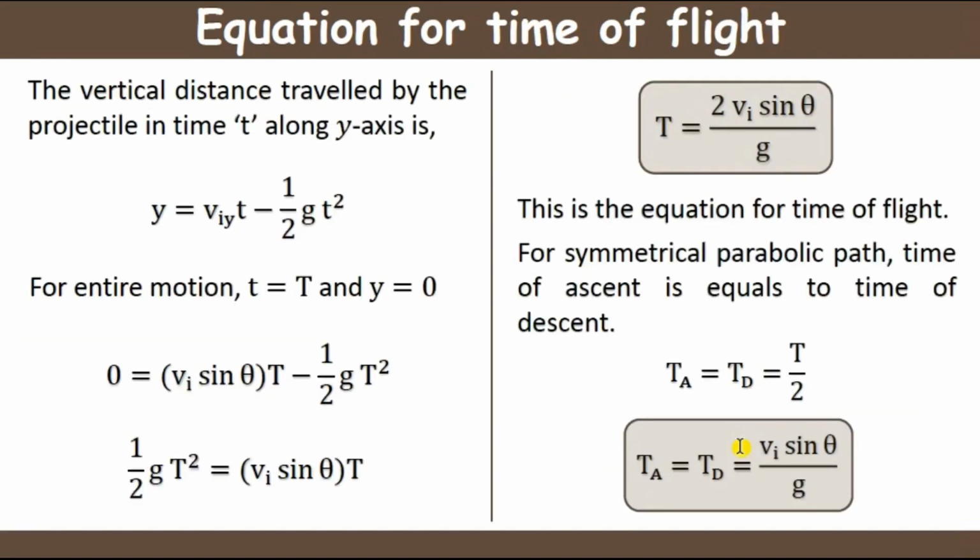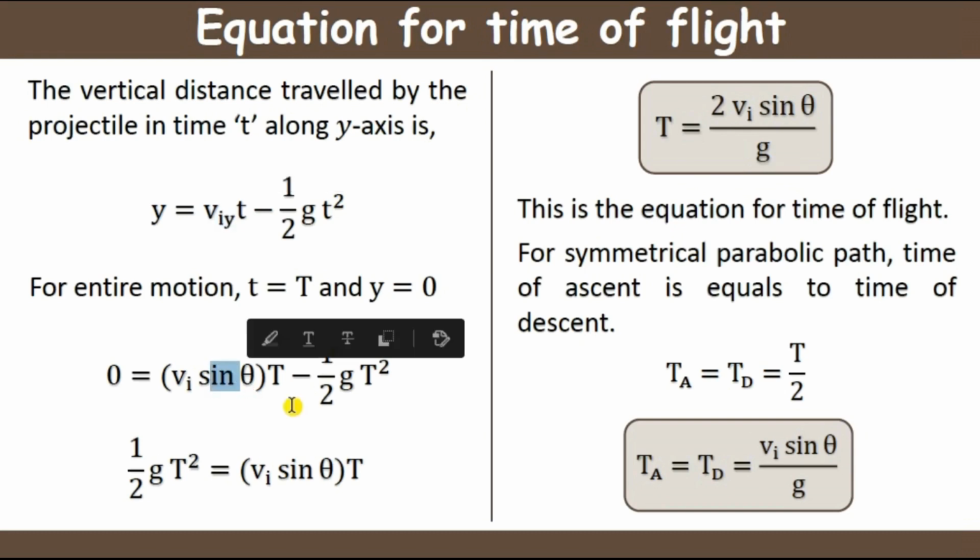Now we are coming to the next one, which is the equation for time of flight. So the same terms only we are going to find over here, but for the time for the object to be in the air. So the vertical distance traveled by the projectile in time t along the y-axis, as usual we are writing the same one. Vi is going to be Vi sin theta.